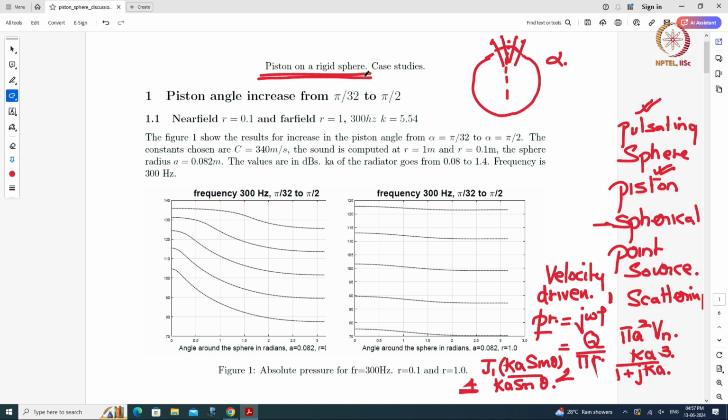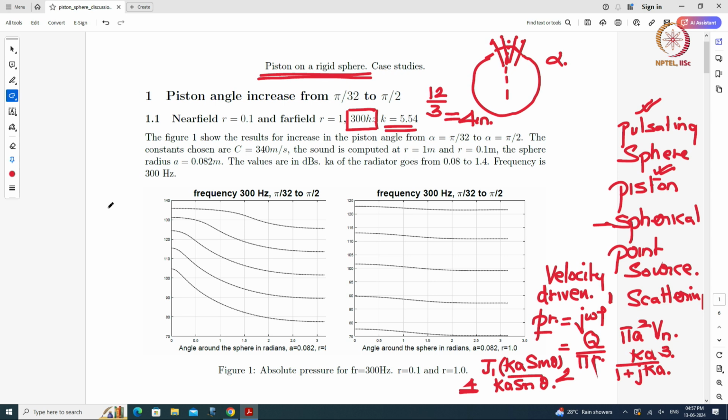The first case is going to be at 300 hertz, where the wavelength is about a third of a foot, 12 inches by 3, about 4 inches, and the wave number K in air is 5.54.